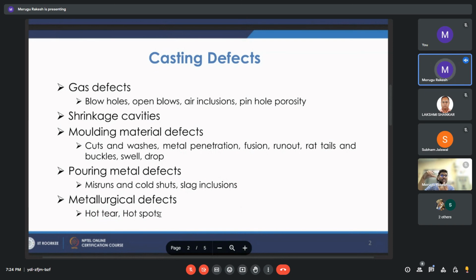So what happens from the center? All the liquid will be absorbed by the surrounding layer. Then we get this hot spot. Whereas shrinkage can happen anywhere, right? They are kind of related.